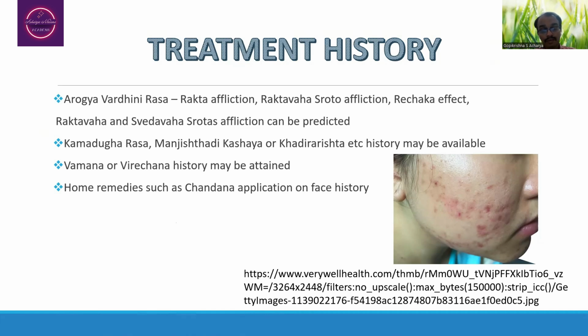The person may also give a history of consumption of either Kamadugarasa, Manjishtadi Kashaya or Khadirarishta, etc. There may also be a history of either Vamana or Virechana, or home remedies such as application of chandana on the face.